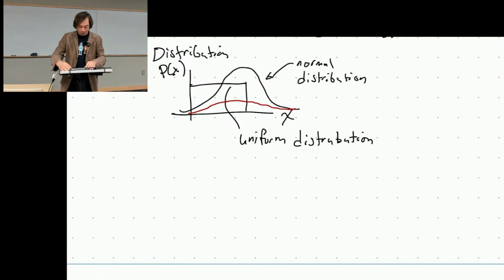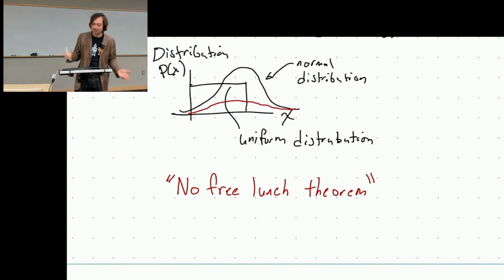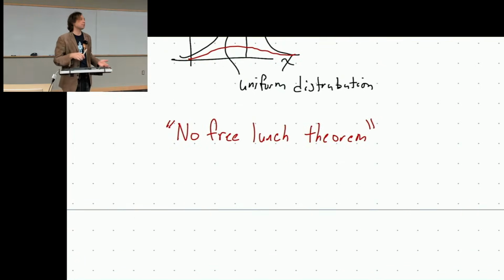Okay? And it's called the no free lunch theorem. Okay? There's no easy answer. There's no always best answer. The concept of there's no such thing as a free lunch is that, I guess, even if someone buys you a free lunch, there's a cost at some point down the line. But so there's no such thing as a free lunch.